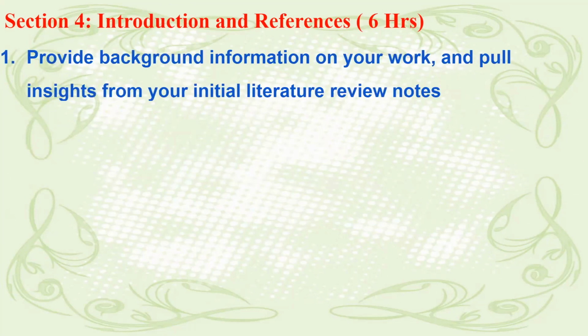Section 4 is introduction and references, which can be completed in a maximum of 6 hours. Provide background information to your readers on your work and pull insights from your initial literature review notes. You can use Google Scholar to download various reference papers related to your area, as well as ResearchGate. In both these places, you get free research papers to download, and you can use artificial intelligence tools to write a summary of these research papers.